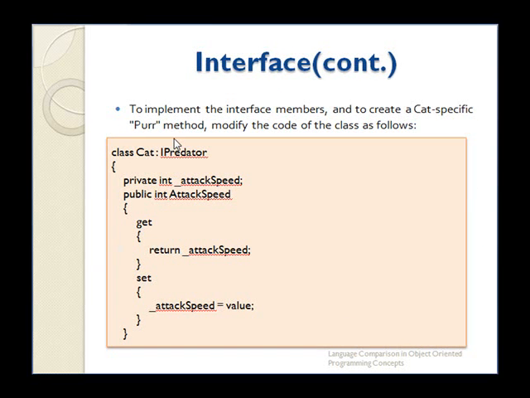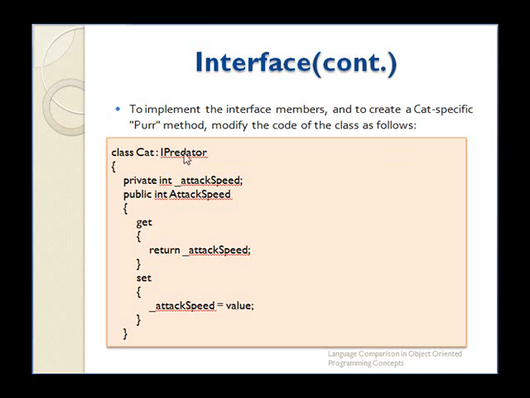To implement the interface members and to create a cat-specific Pour method, modify the code of the class as follows. All members of an interface are publicly accessible. This behavior cannot be modified and must be repeated in the implementing class by explicitly adding the public access modifier to all the declarations.